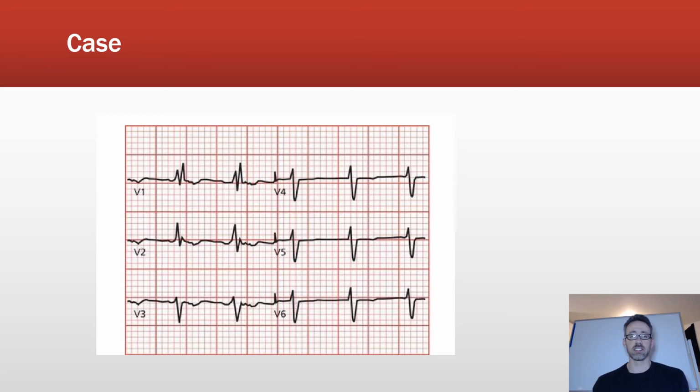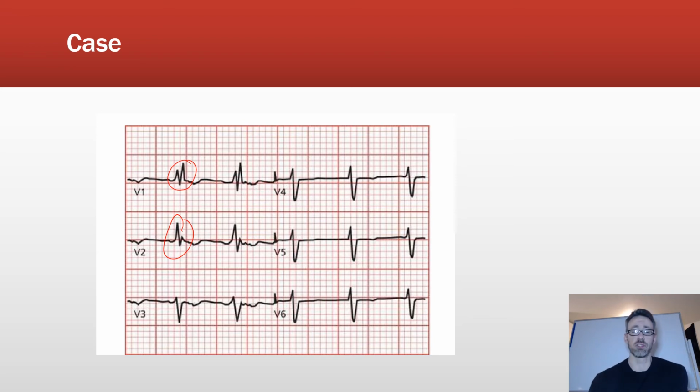But if you take a look at this, you'll notice, if you're trying to assess the chest leads for their R wave progression, that there's something going on over here, and kind of the same thing over here. But then it seems to have almost its normal pattern, but the R wave progression is not very good, actually.